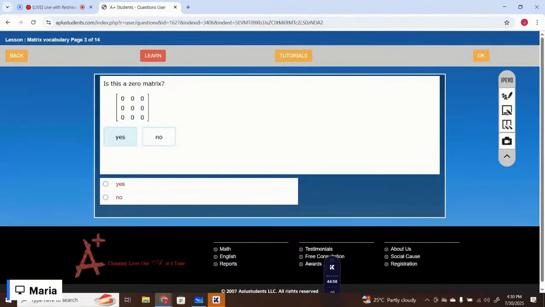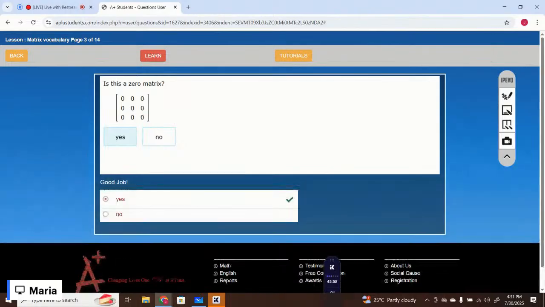Is this a zero matrix? Yes, it is a zero matrix because all of the elements in the matrix are zero.